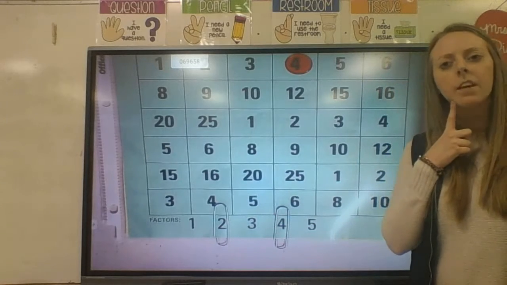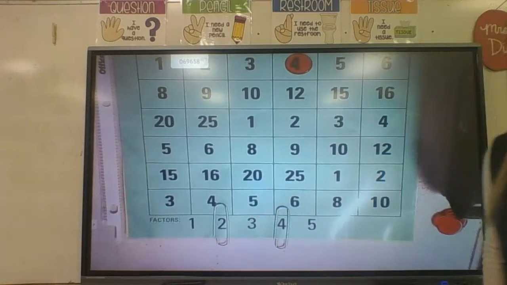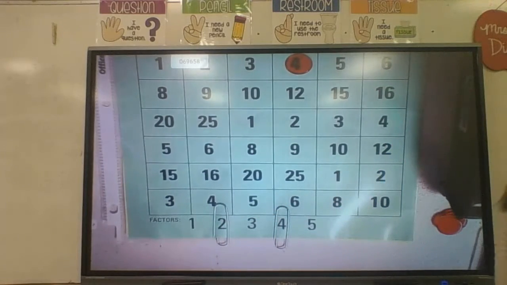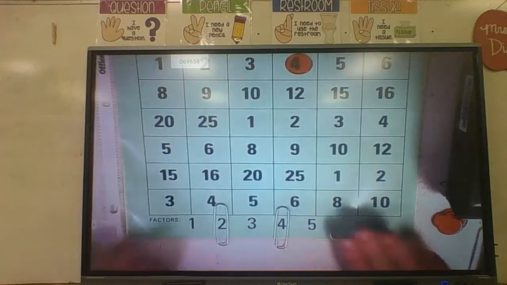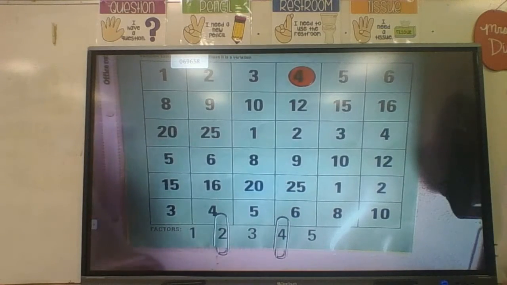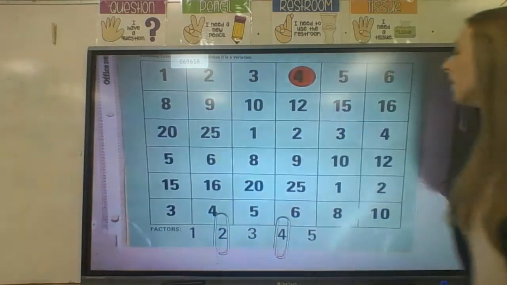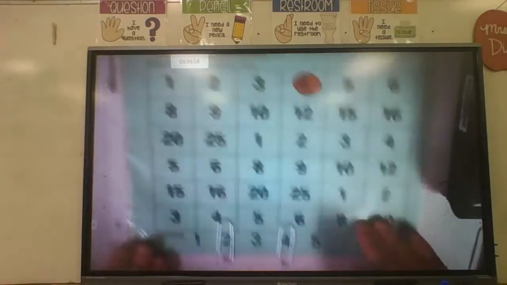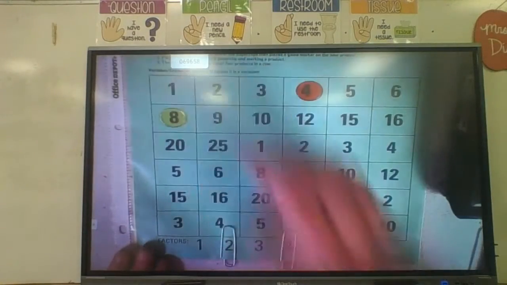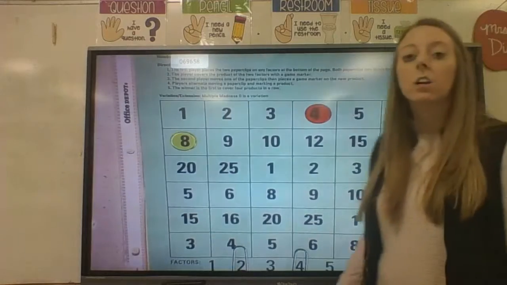Can you think of what the product is to 2 times 4? Good. The product would be 8. So player number 2 would get the other color, so yellow, and they would come on the board and find the number 8 for their product. I'm just going to go right here. Then it would be player 1's turn.